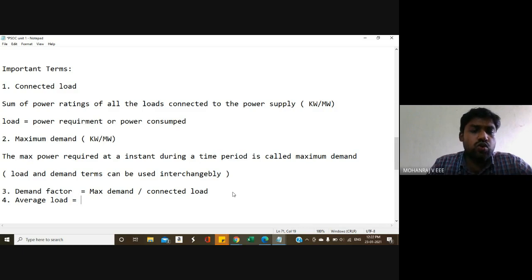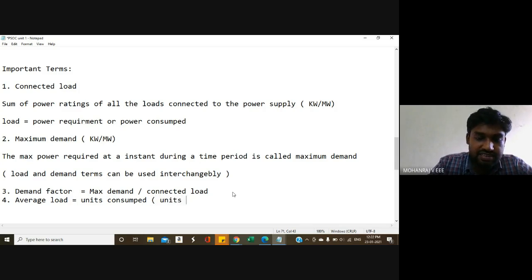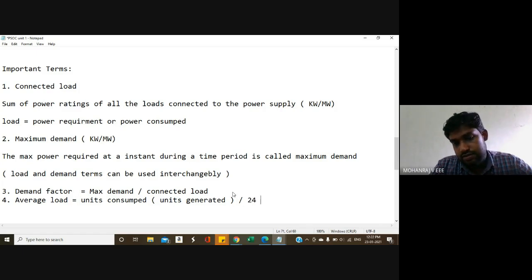So average load is given by units consumed, or say units generated, divided by 24 hours.